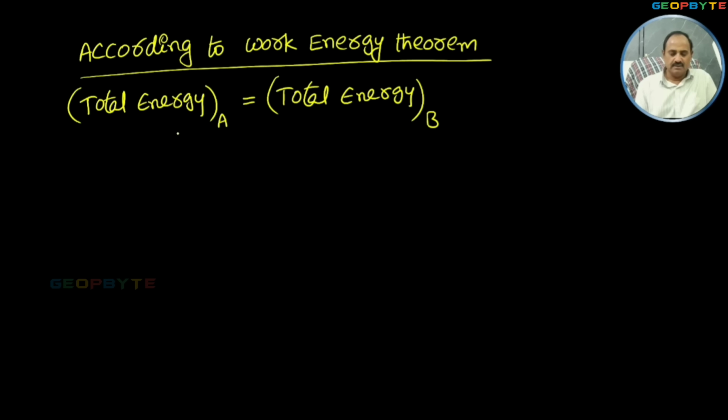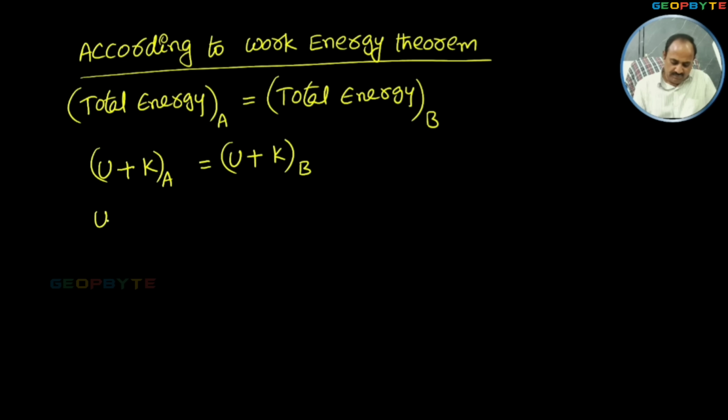I can also write that mechanical energy at A equals mechanical energy at B: potential energy plus kinetic energy at A is equal to potential energy plus kinetic energy at B, means UA plus KA equals UB plus KB.